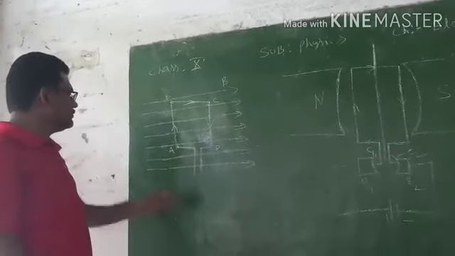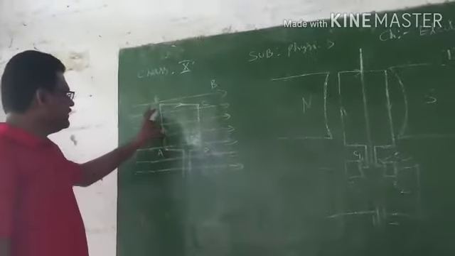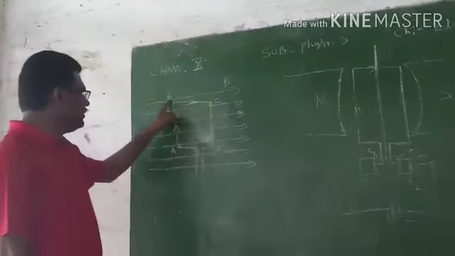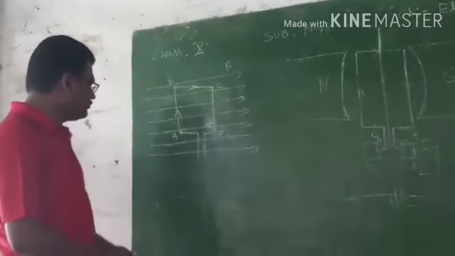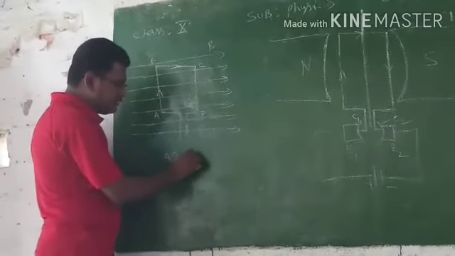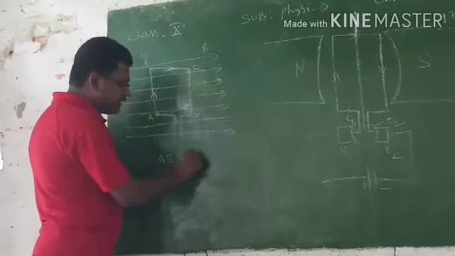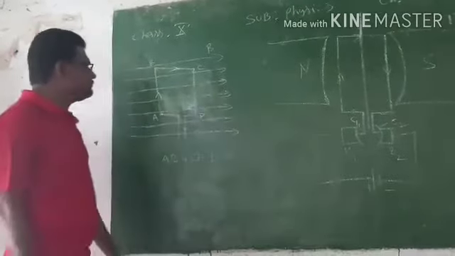So no doubt, the sides of the rectangular wire AB and CD are perpendicular to the magnetic field. AB and CD are perpendicular to the magnetic field.